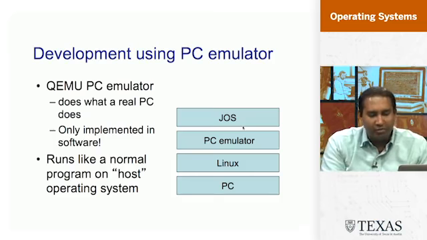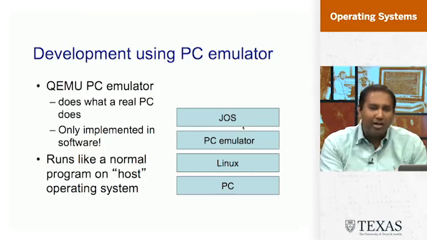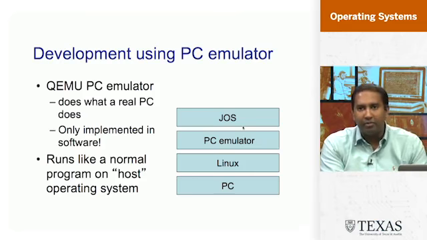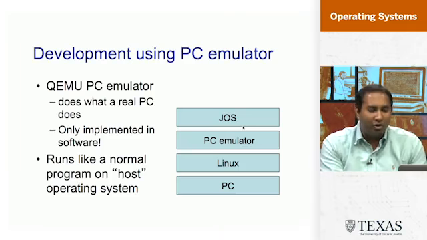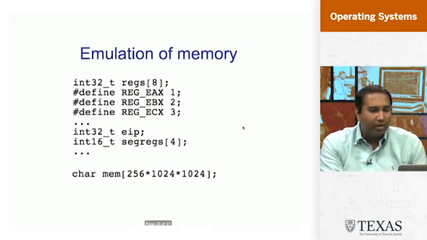So we use something called an emulator. So QEMU will emulate x86 hardware for you, on top of which we're going to run our x86 operating system. So it's kind of like having your own virtual small computer on top of which you're going to run the operating system that you write. And if you make a mistake, you can just reboot your virtual computer pretty quickly. And that's what we're going to be using QEMU for.